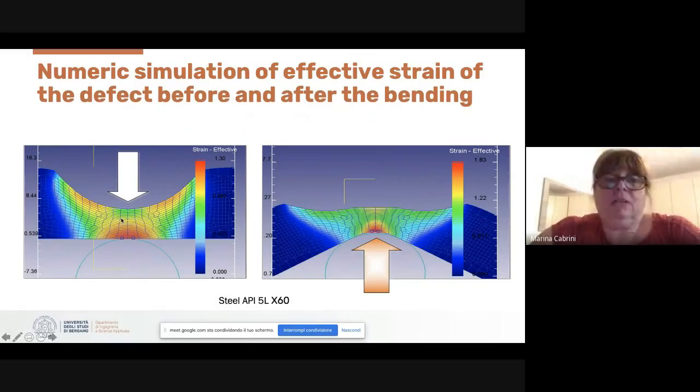This is the external damage, the effective strain obtained during the external damage, and this is the condition of the expulsion of the defect due to the inner pressure of the pipe. In this case, we can see that there is a decrease of the compressive strain in this zone, and there is an increase of tensile strain in the compressive zone in this part.